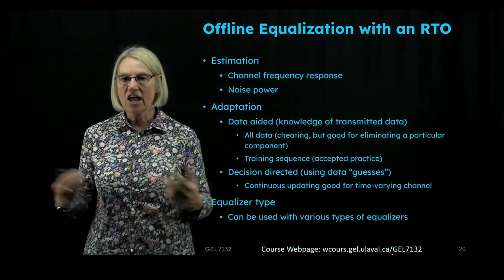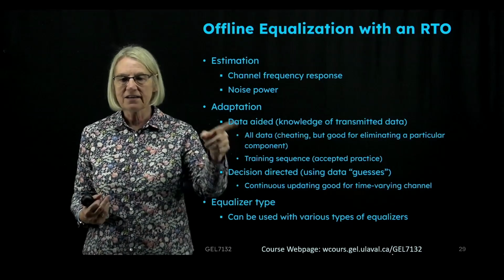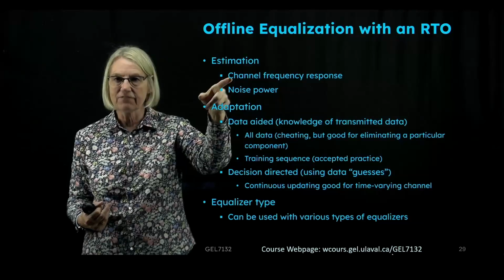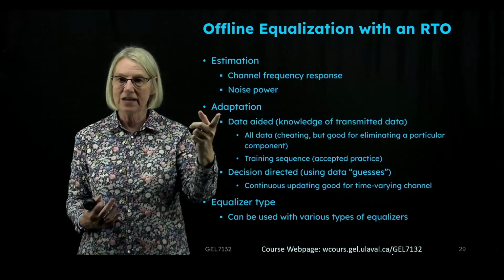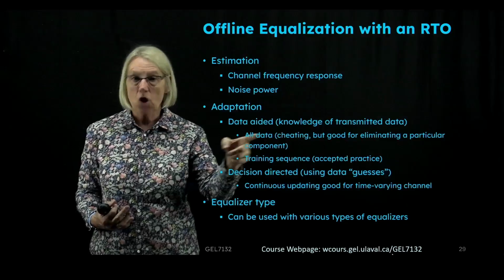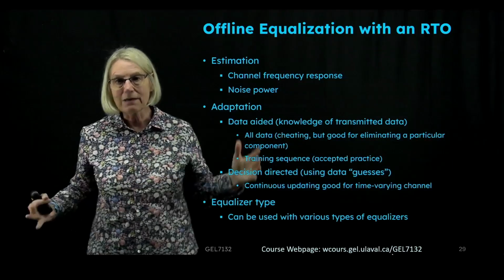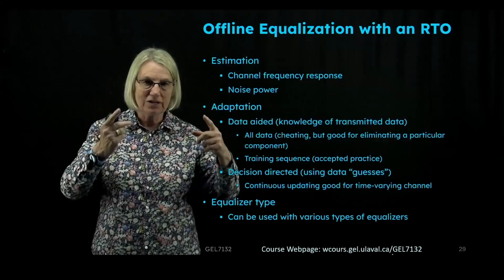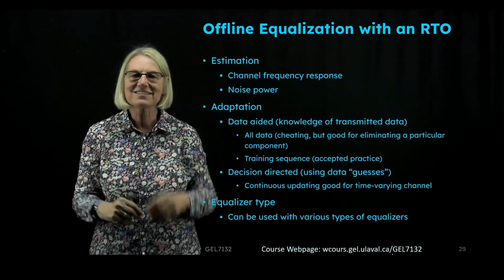Data-aided is knowledge of the transmitted data. And the knowledge of the transmitted data, I showed you one way of calculating it if you estimate the channel, but there's another way that you can just take the data received and do an adaptation. You could use all of the data, which is kind of cheating, but it's good if you want to just eliminate something. Like you have one component in the lab that is just not ideal, and it's not what you want to test.